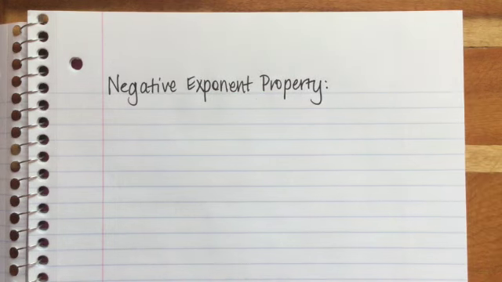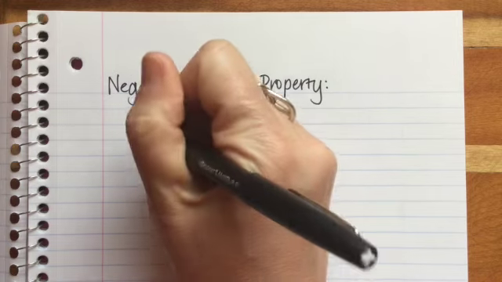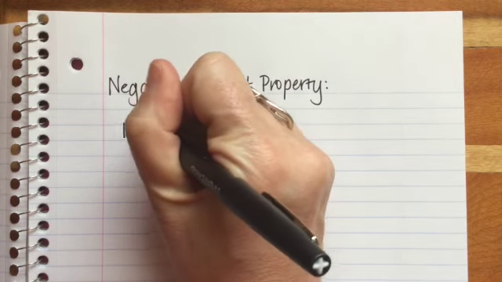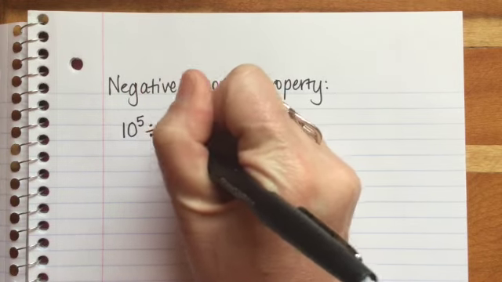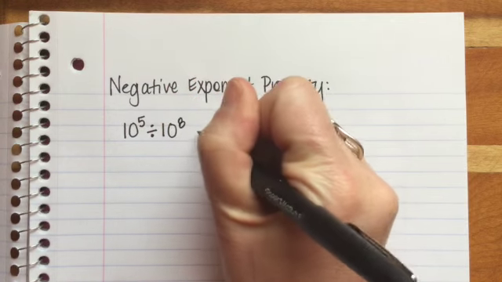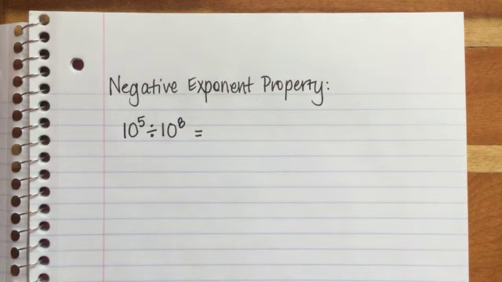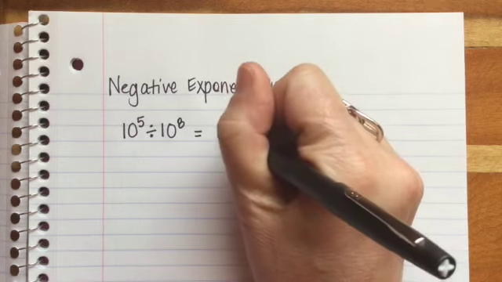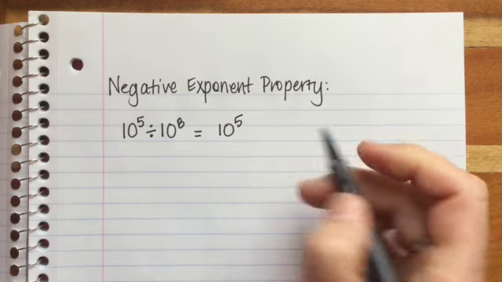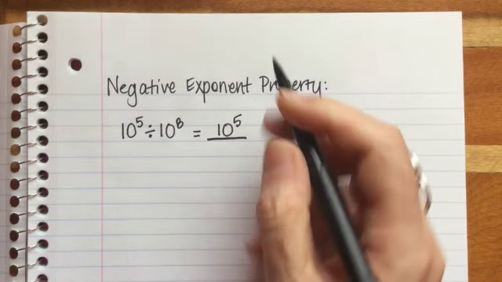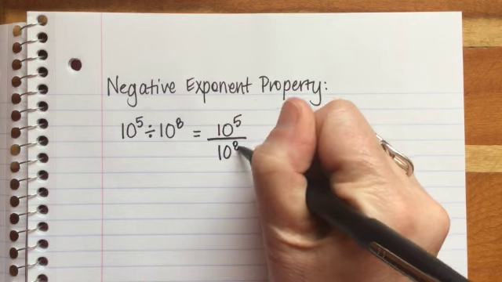And I'm just going to use division as an example. So let's say I have the problem 10 to the 5th divided by 10 to the 8th power. So let me write that out using the actual fraction bar instead of the division symbol. What that relates to is 10 to the 5th over 10 to the 8th.